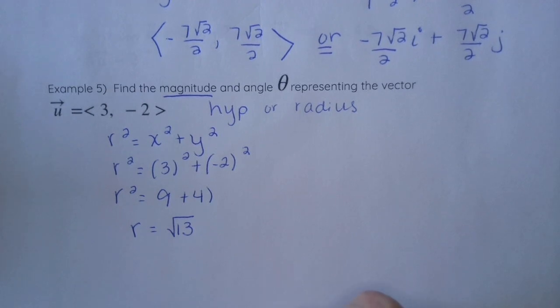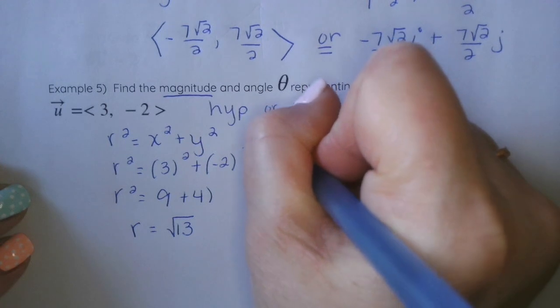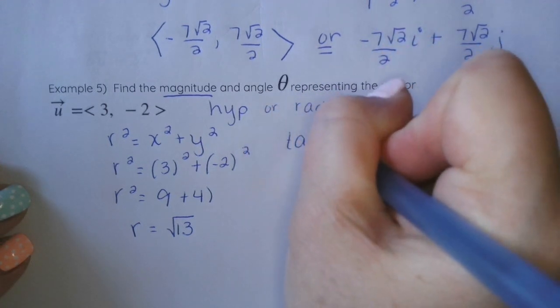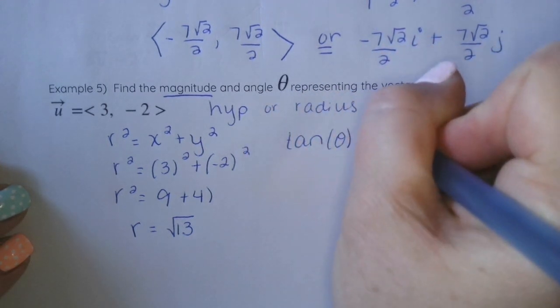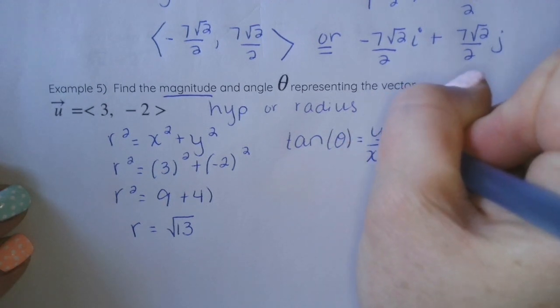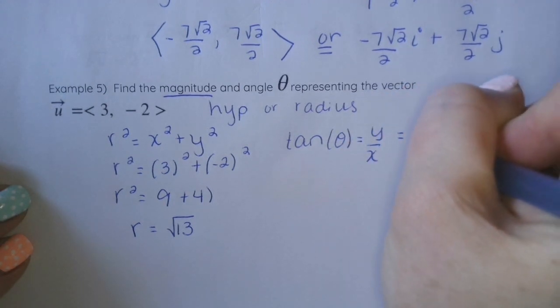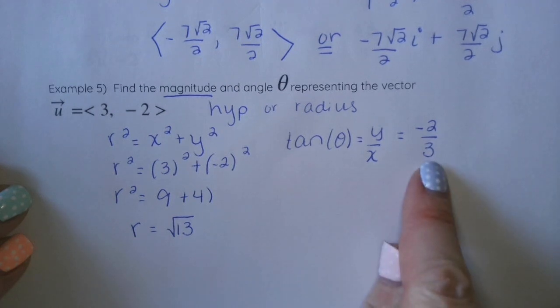I know I am given the radius as well, but since I was originally given x and y, we haven't utilized tangent in a while. So I can find theta because I know tangent is the y value over the x value, and in this case, negative 2 over 3. I don't have anywhere on the unit circle where tangent is negative 2 thirds.